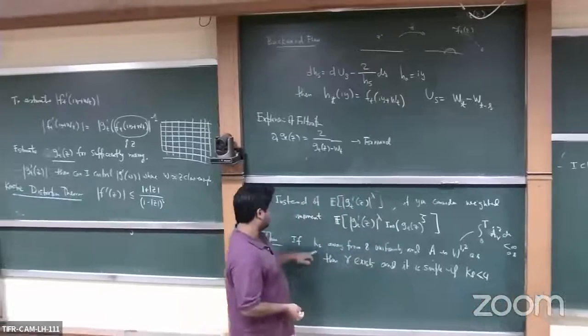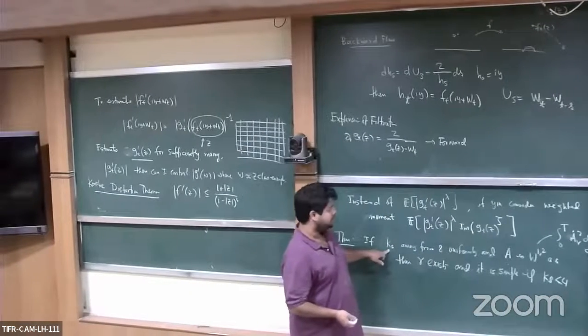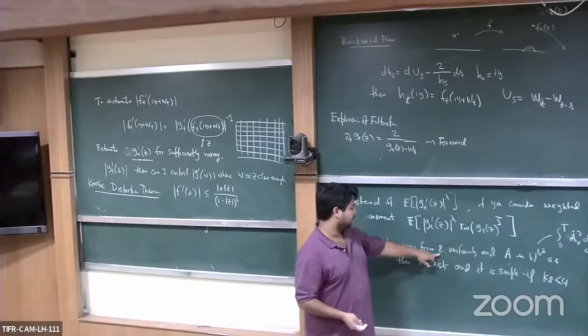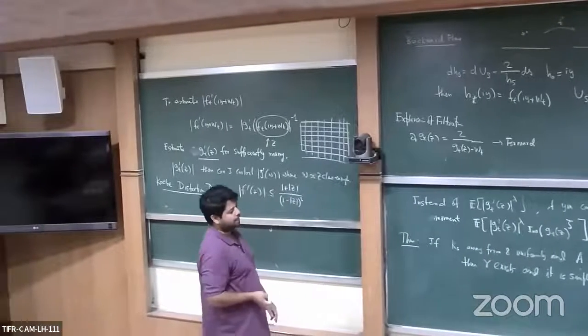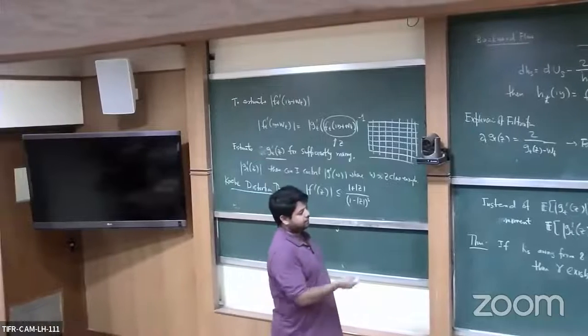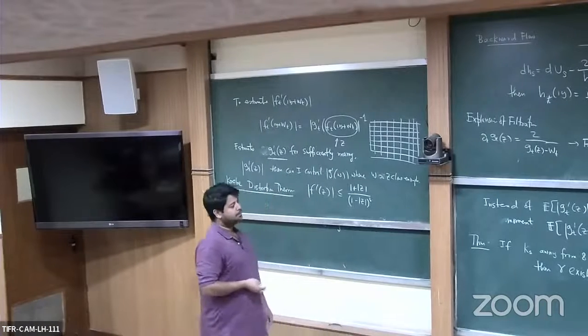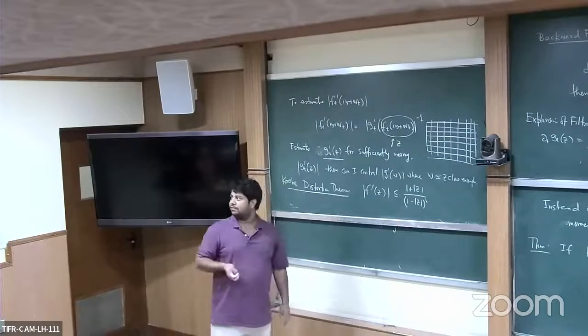And the assumption on kappa_S is that it is away from 8. In that case, gamma exists, and it is simple if kappa_S is strictly less than 4. Okay, so I will stop here.